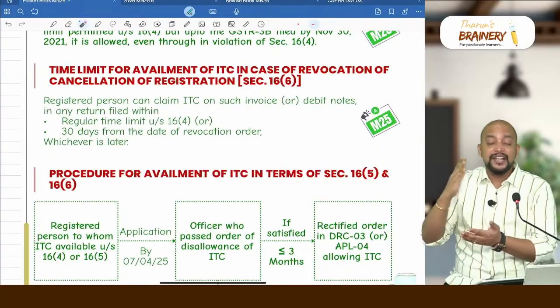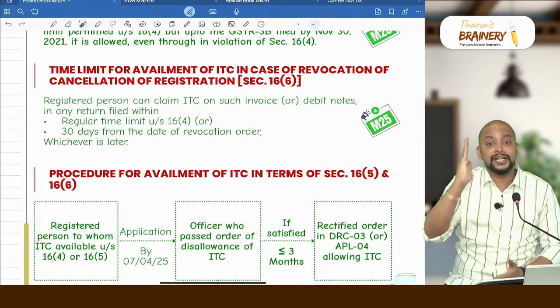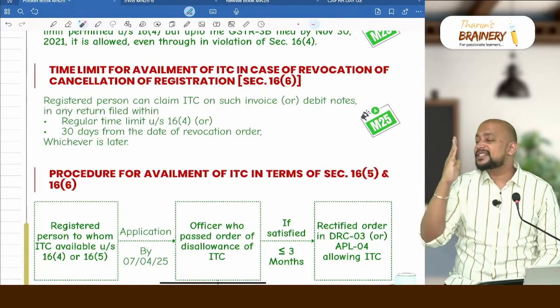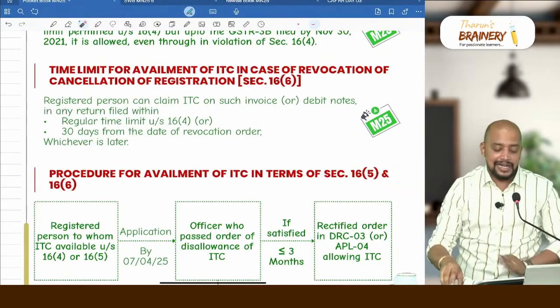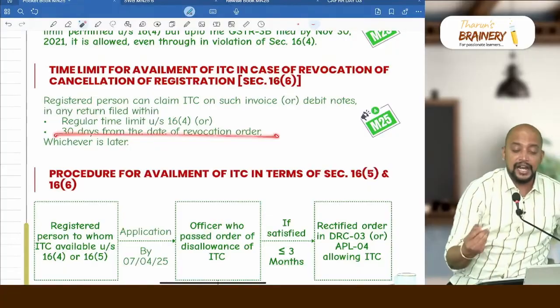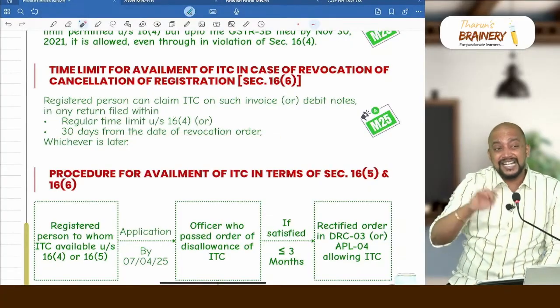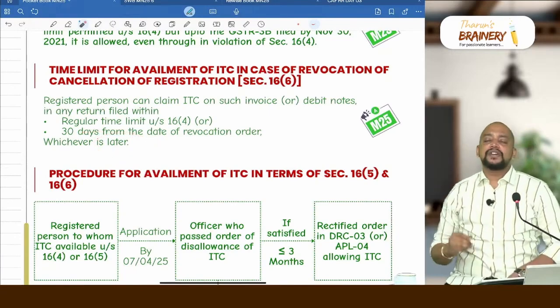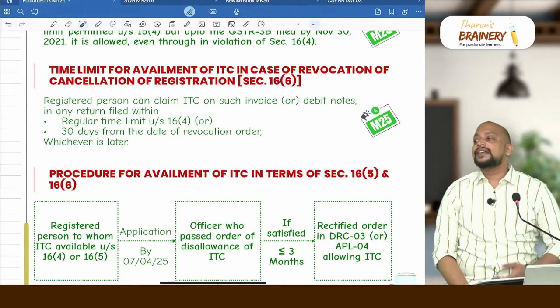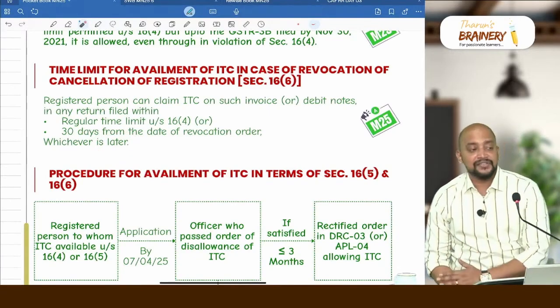What is that point? The date on which I got the revocation order, 30th or 31st December. From there, within 30 days also I can avail the ITC. That is, 30 days from the date of revocation order, whichever is later. This is another place where we have a whichever-is-later provision, that is the time limit by which I can avail the ITC.